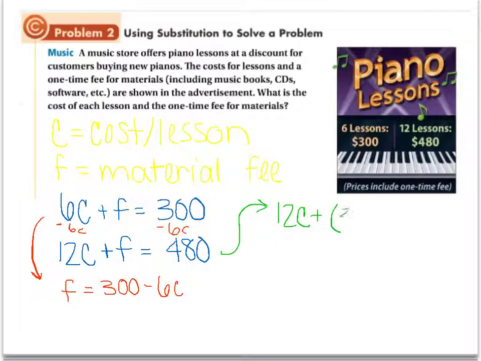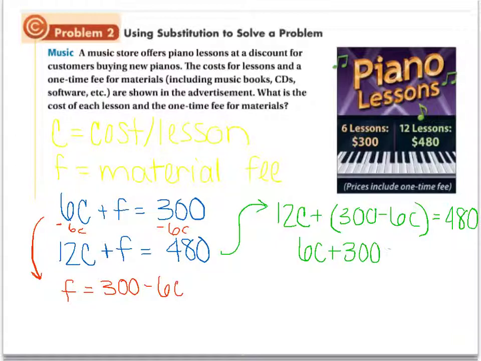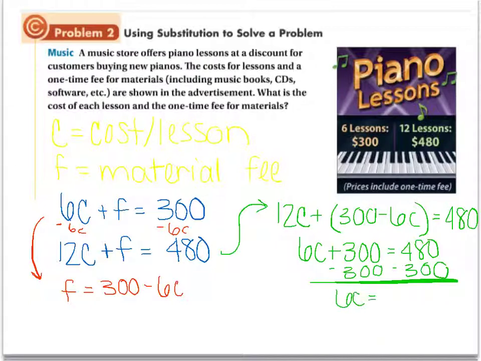So that is 12c plus 300 minus 6c equals 480. 12c minus 6c is 6c, plus 300 equals 480. Subtract 300 from both sides. 6c equals 180.